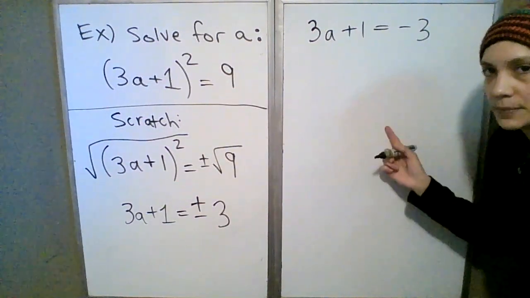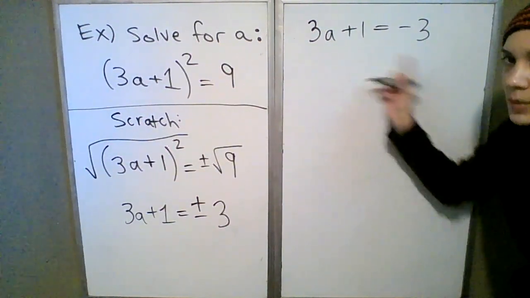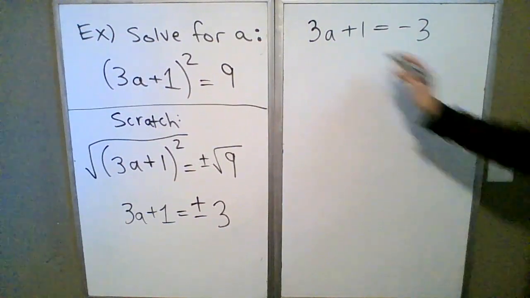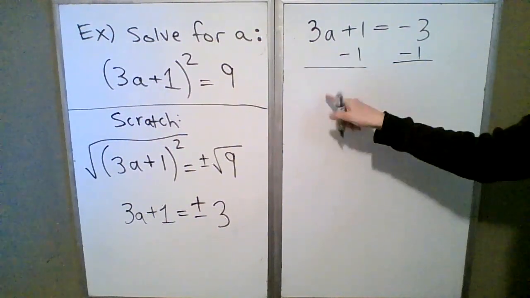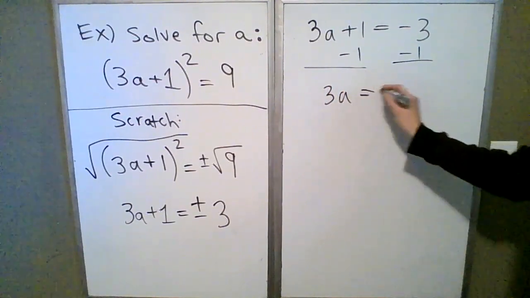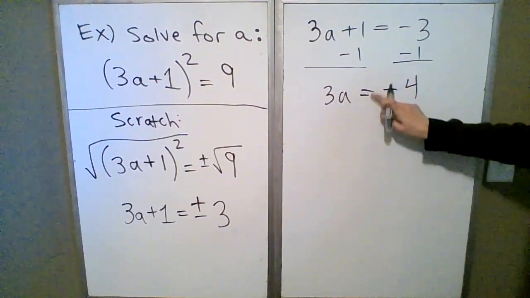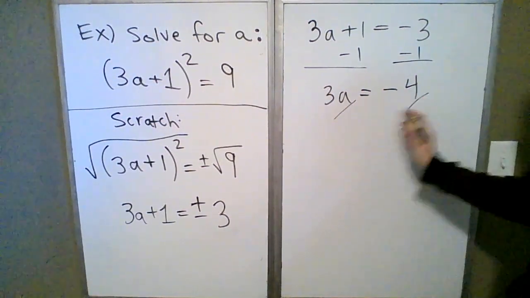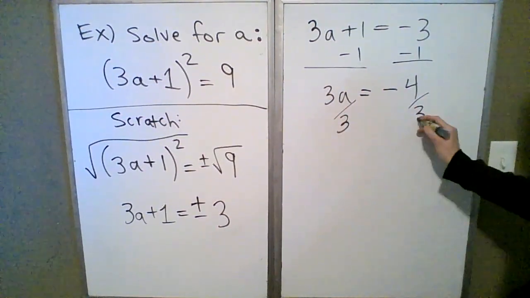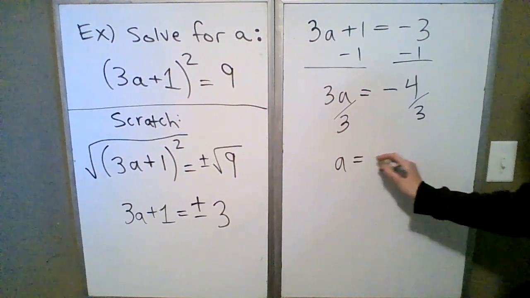And then solve for a. So we need to subtract 1 from each side. Here you have 3a is equal to negative 4. Let's divide both sides by 3. Get a equal to negative 4/3.